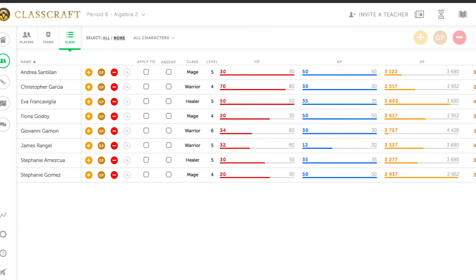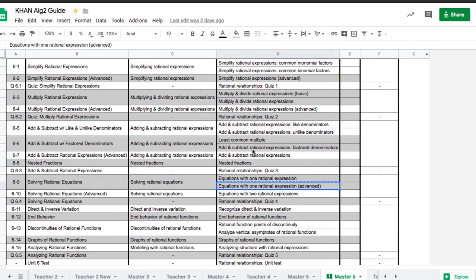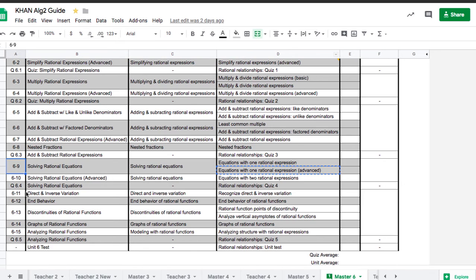If you guys want to hear or see the timeline of what's happening, we are on lesson 6-9, so we don't actually have a test for at least, not next week, probably the week after that. Because here we are on Wednesday, then you can just go down by day. So Wednesday, Thursday, Friday, Monday, Tuesday, Wednesday, Thursday, Friday, which means the next Monday after that you have a quiz.